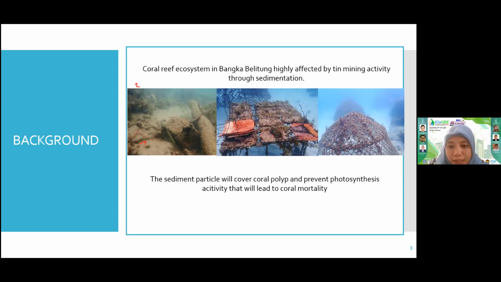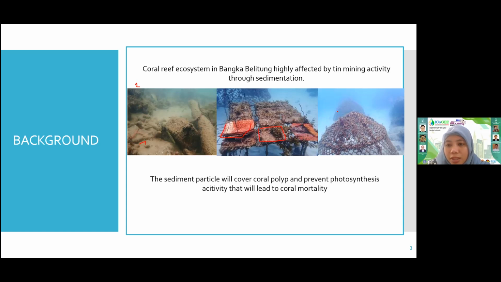And the second picture here is where we were just changing the new tiles. This is the new one, and this is the old one. This one is after 2 years, and it was also covered with high sedimentation, and macroalgae also live happily and overgrow the area.